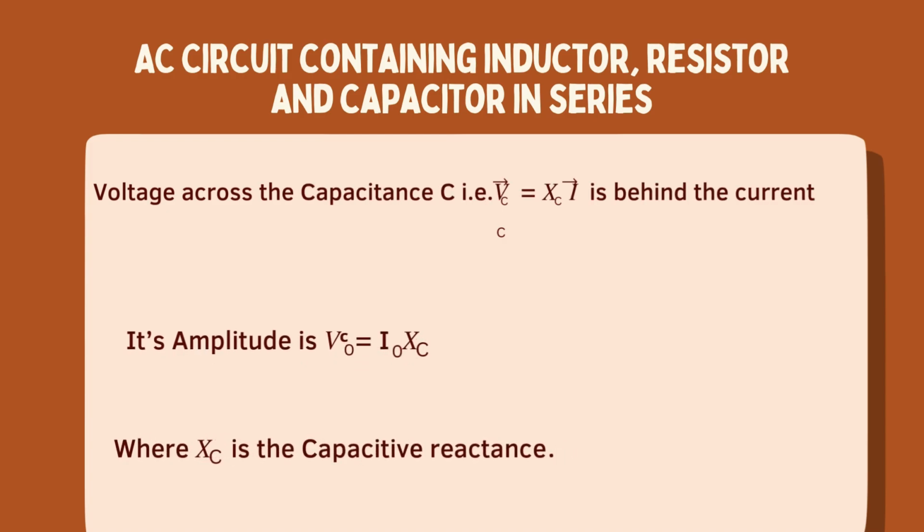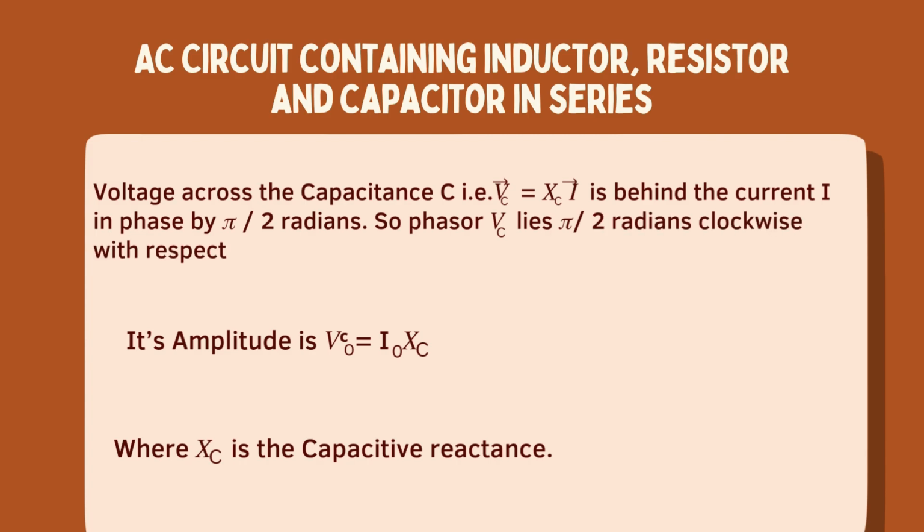Similarly, across the capacitor, the voltage will be this one, which is behind the current in phase by pi by 2 radians. Thus, the voltage phasor across the capacitor lies pi by 2 radians behind, clockwise, with respect to the phasor current.